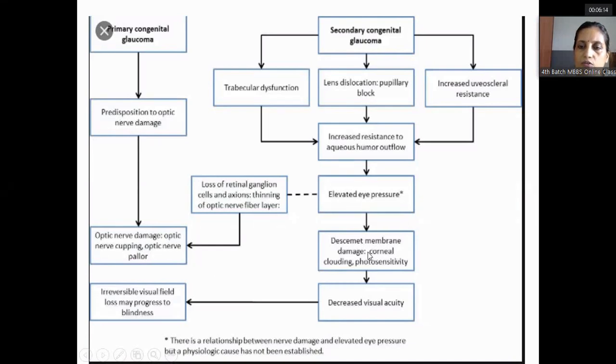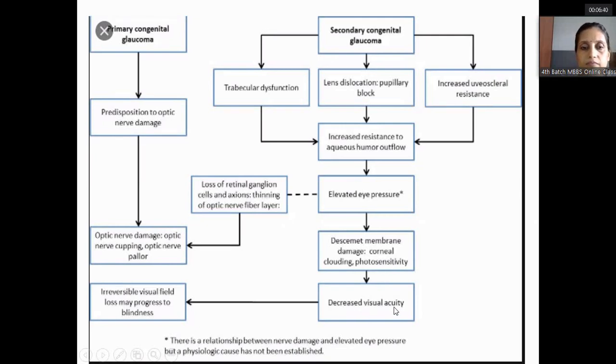Or it can also cause Descemet membrane damage, so corneal clouding, and when there is corneal clouding, the child will have photosensitivity. Due to this increased photosensitivity, they cannot bear the light, and the child cannot say so. What they will do is they will always hide the head under the pillow or away from the light.